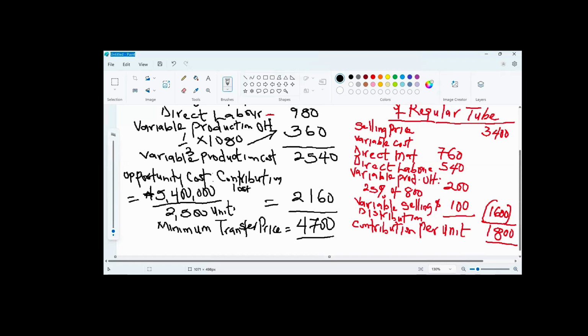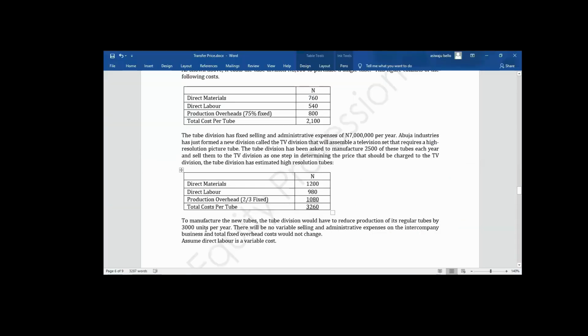Now we have this aspect. Look at it. To manufacture the new tubes, the tube division will have to reduce production of its regular tubes by 3,000 units. So if you reduce your sales by 3,000 units and contribution per unit is 1,800 naira, what is your total contribution lost?